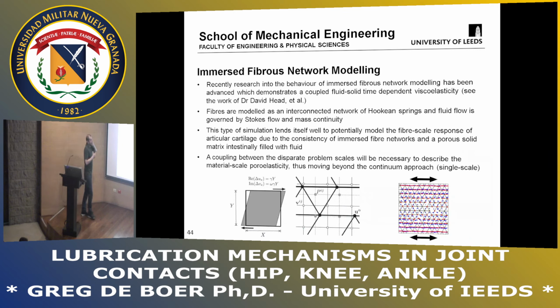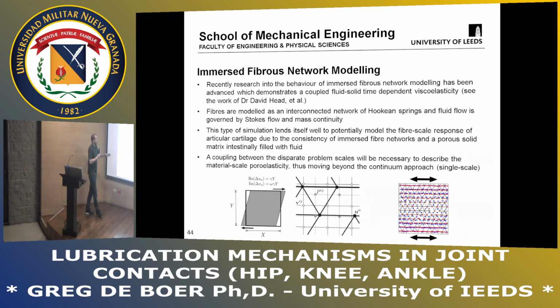So this is some work that one of my colleagues in computing is doing in Leeds. And realistically, what is it? Well, it's a series of connected springs which are in a fluid. And these springs have different stiffnesses and orientations. And this is one way of representing how the fibers within cartilage may interact.